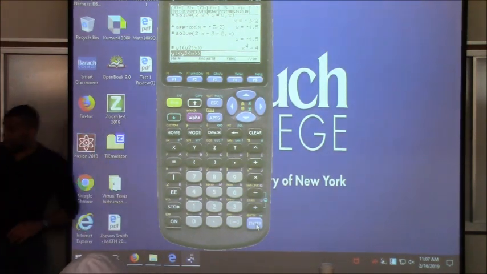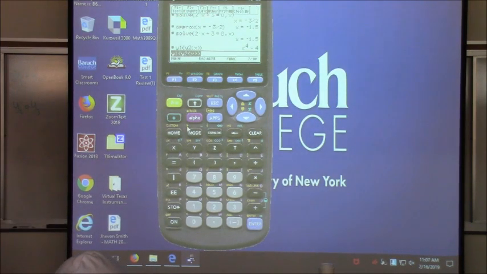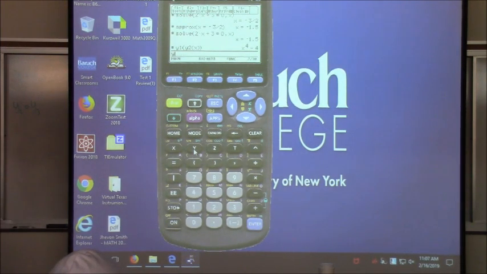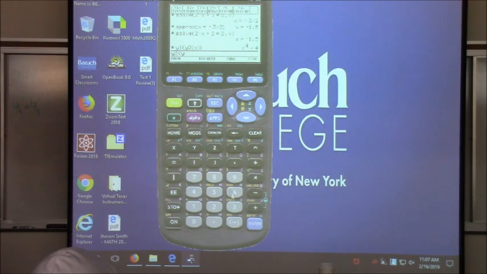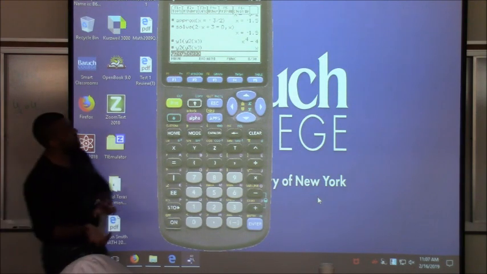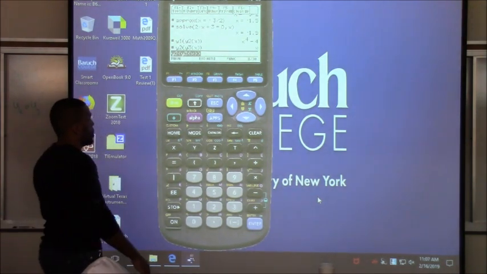Okay, so let's say I wanted to find y2 of y3 of x. Right, so I believe y3 was the square root. It took it and it plugged it into x squared.